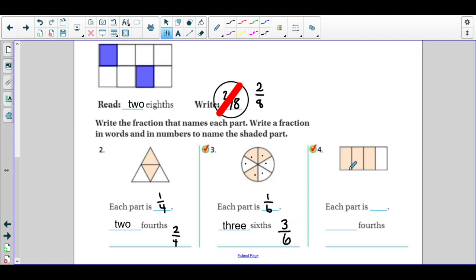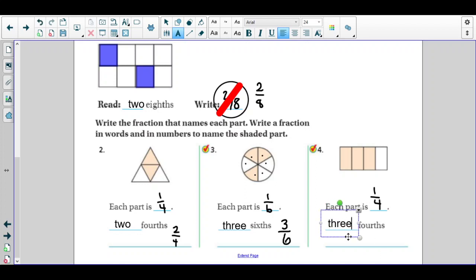Right here, 1, 2, 3, 4. Each part represents 1/4, or that unit fraction. How many are shaded in? Well, that's going to be 3/4. And we would write that as 3/4.